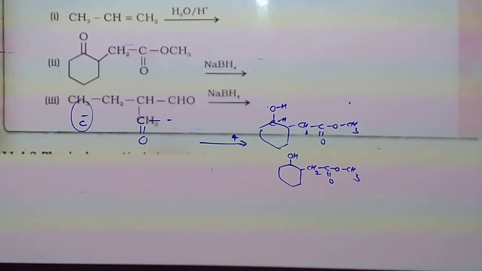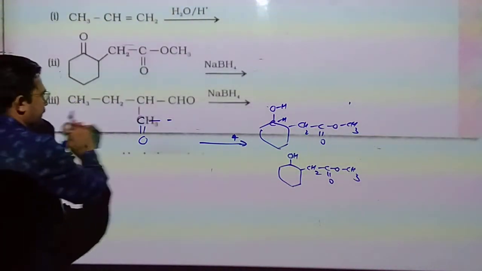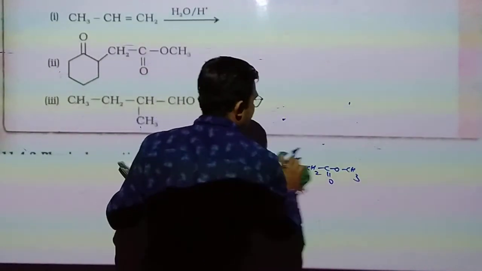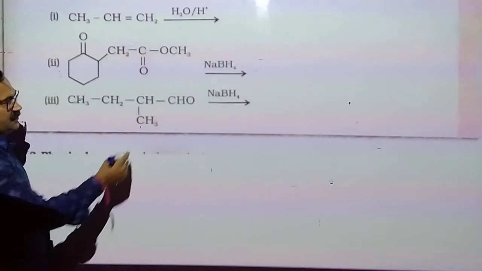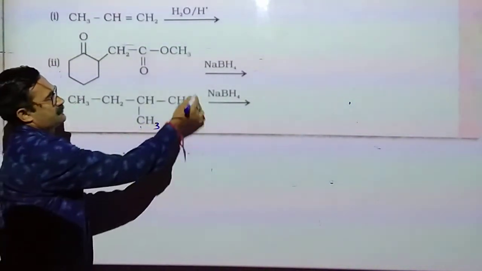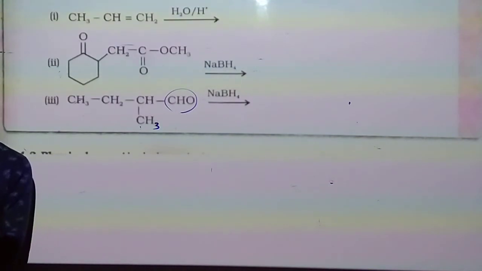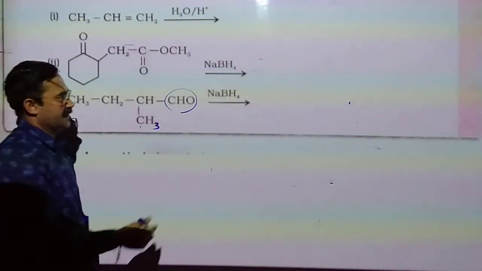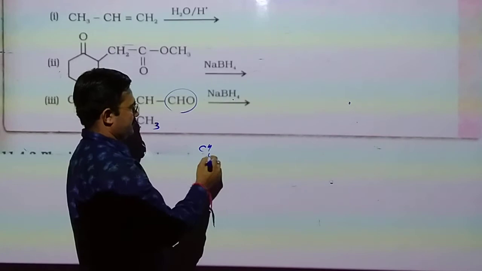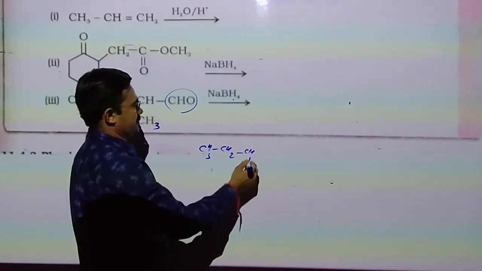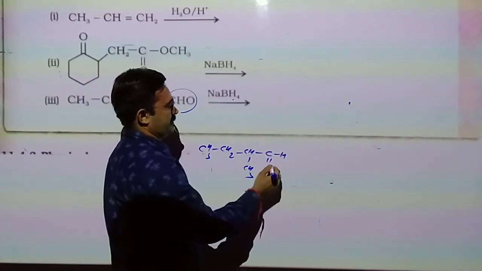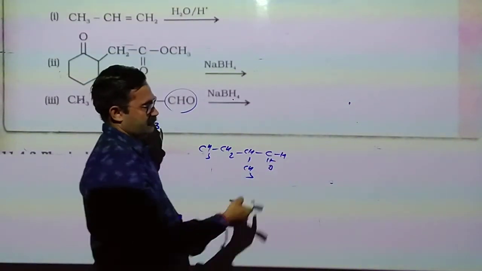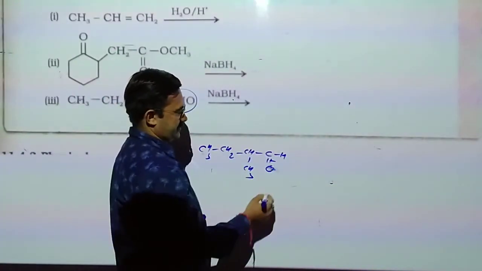Now the third one, fill in the blanks. This is an aldehyde. Yes. Reduction of aldehyde gives alcohol, and we know reduction of aldehyde gives primary alcohol. Hydrogen comes from here, CH3, CH2, CH, CH3. Here COOH. Here once again the pi bond breaks between carbon and oxygen.